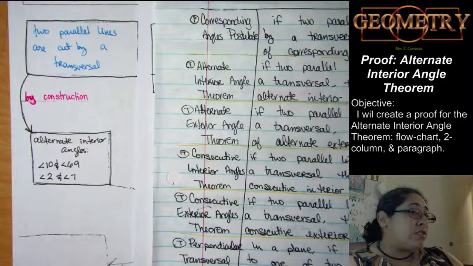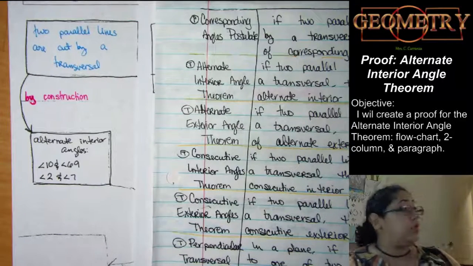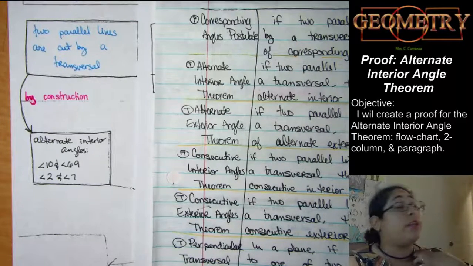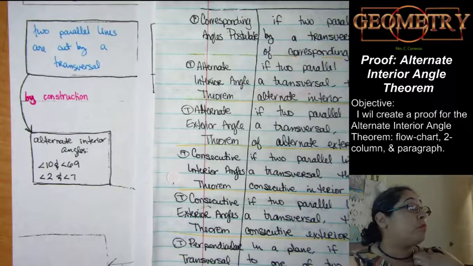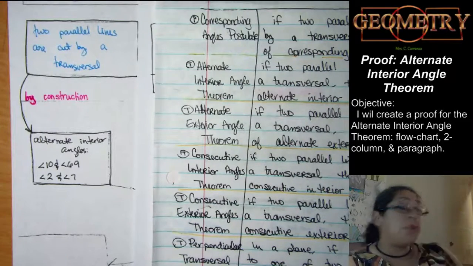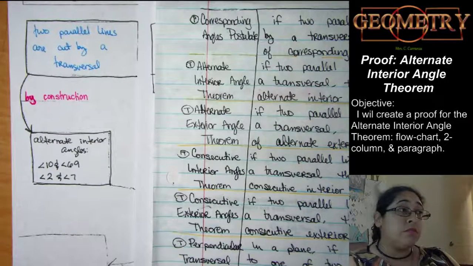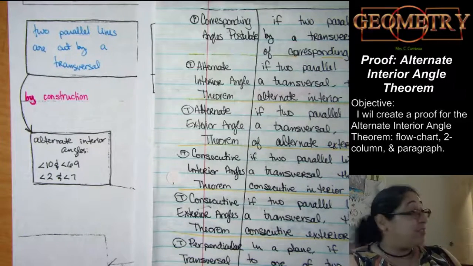What's the difference, do you think, between postulates and theorems? I'm telling you right now, theorems you have to prove. You can't use them without a proof. What about postulates? Do we have to prove them before we can use them? No. Yeah, we don't have to.